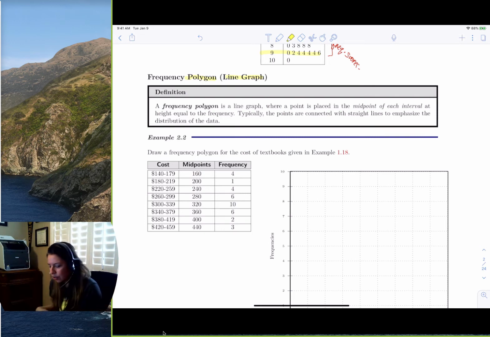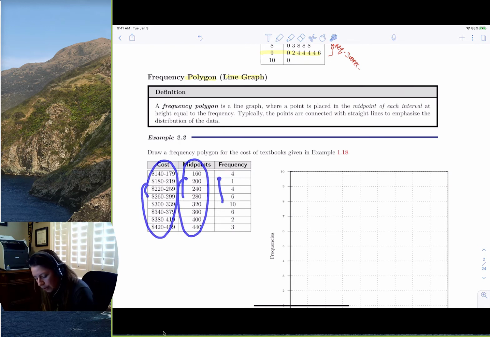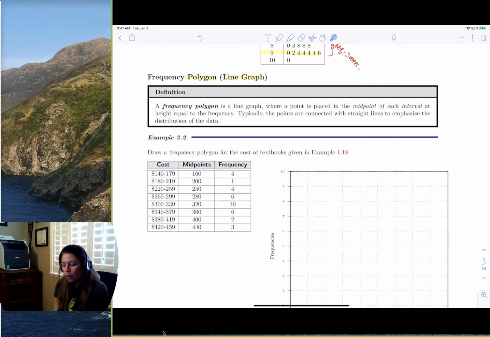So let's go ahead and take a look at an example. Here we have the previous example on the cost of textbooks, where we have the intervals and the midpoints, and here are the frequencies. All we're going to do is use the midpoints to graph the frequencies and connect each dot with a line.